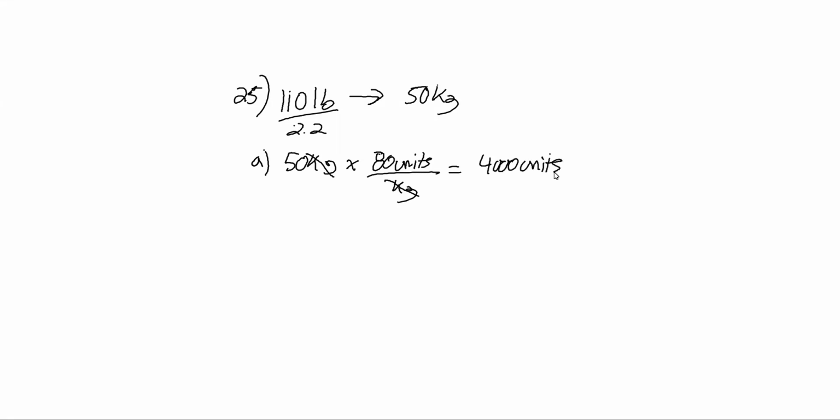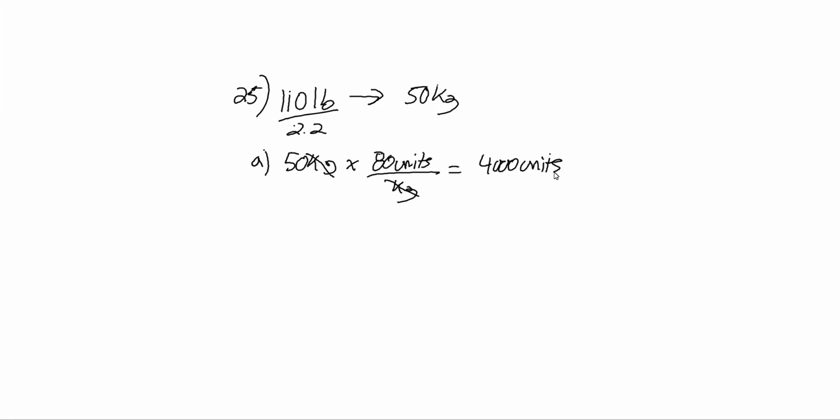Now, if the question said how many units to bolus with, we'd be done, but it says how many milliliters to administer. So now we have to go back to the protocol, and step 2 says heparin, 25,000 units in 250 milliliters, half normal saline.